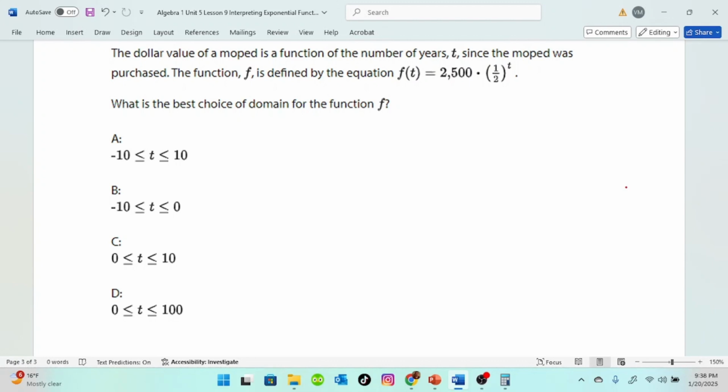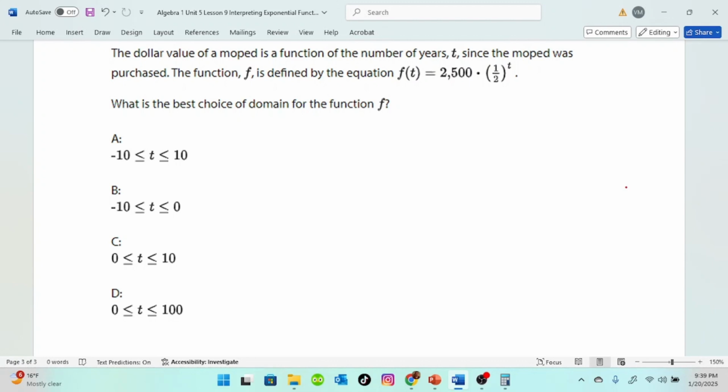What is the best choice of domain for the function f? So this problem is actually just going to be solved logically, and we're going to solve it by taking a more logical, realistic stance and not a mathematical one.